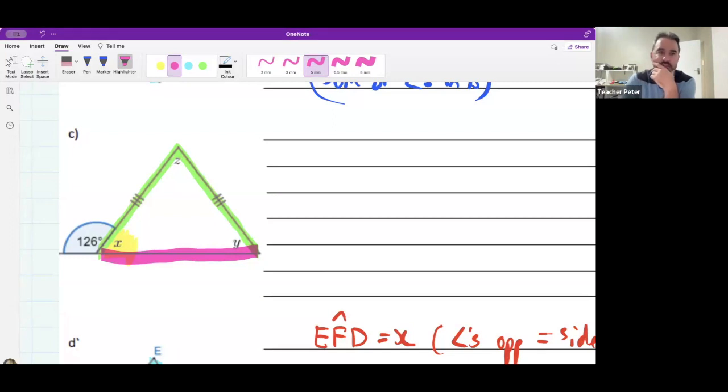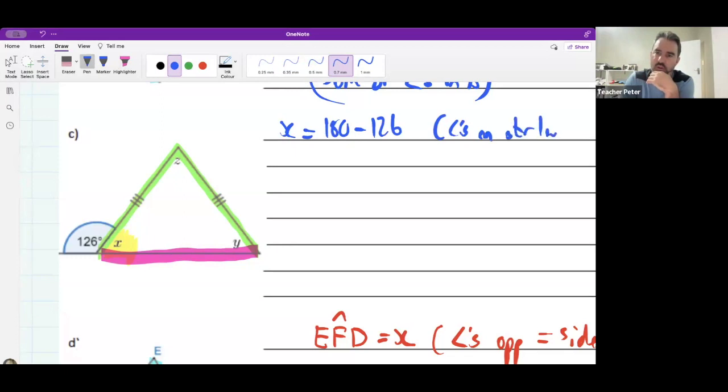Okay, so I think that the x is 180 minus 126 because it's angles on a straight line, which means this should be 54 degrees.